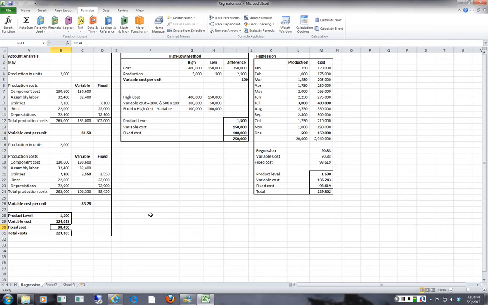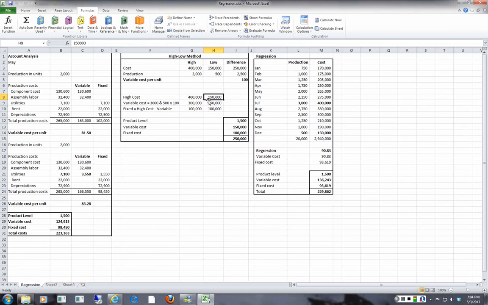Now that's one method of coming up with the fixed and variable costs. It's reasonably accurate, but it could be better. Then they say, okay, we go from January through December, listing the production units and the associated cost. They say we've got a high-low method, which is another way of coming up with the fixed and variable costs. We look at it and say the highest is $400,000, and the lowest is $150,000.